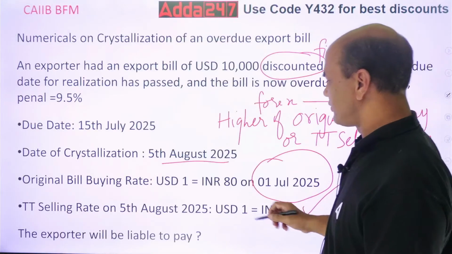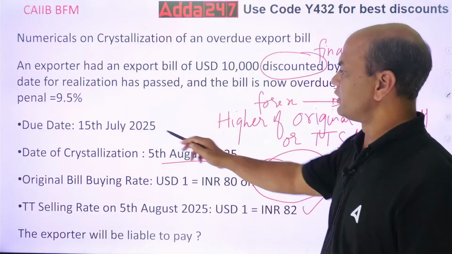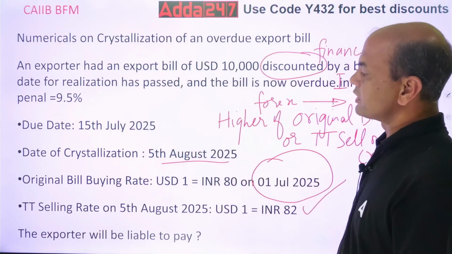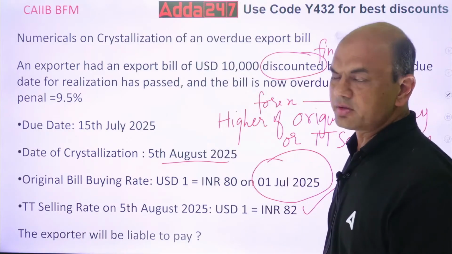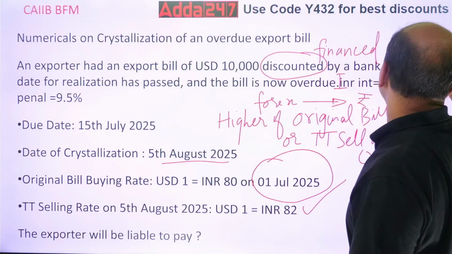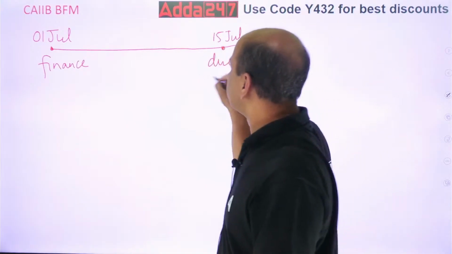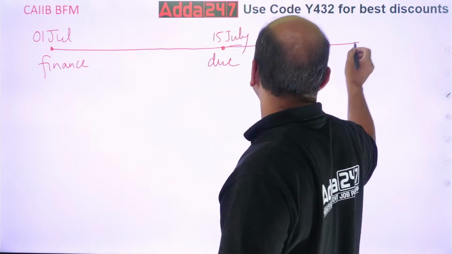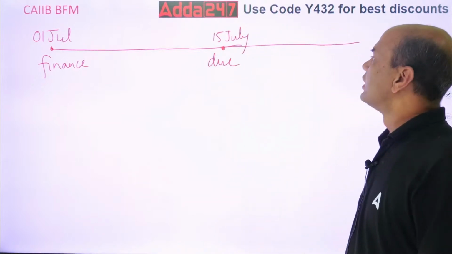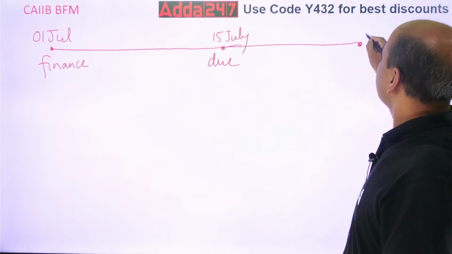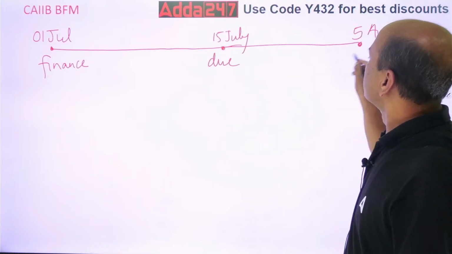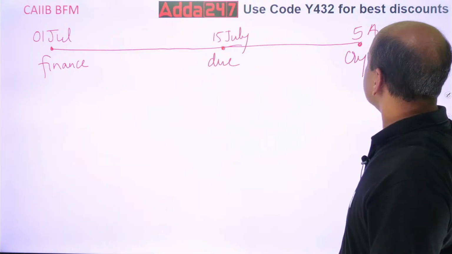Crystallization is on 5th August, which means payment was not received on 15th July. So it kept extending, and on 5th August the bank finally said nothing doing, now convert this. So here crystallization is done.